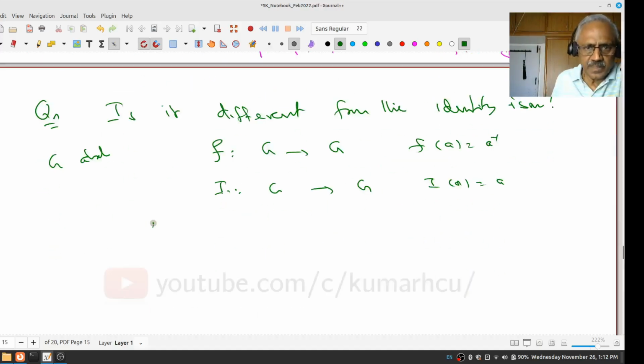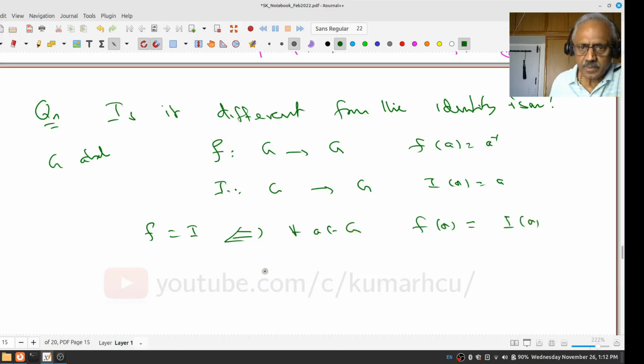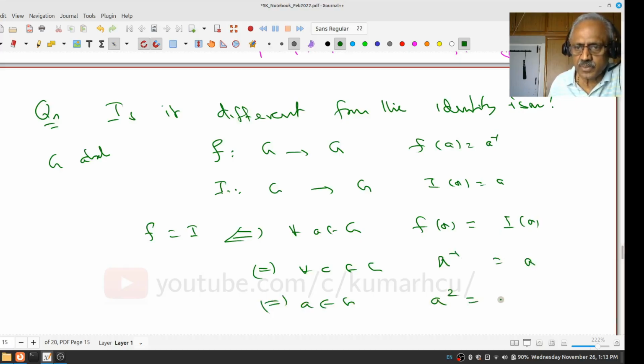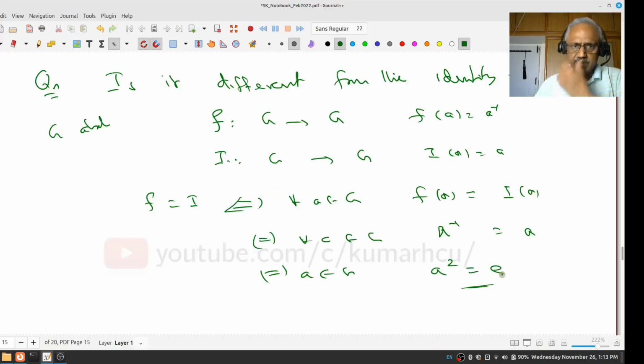So f equal to I if and only if for all a in G, f of a must be equal to I of a. That is, for all a in G, f of a is a inverse must be equal to I of a, which is a. That is, for all a in G, I must have a squared equal to identity. Multiply both sides by a, then I get a squared is identity.